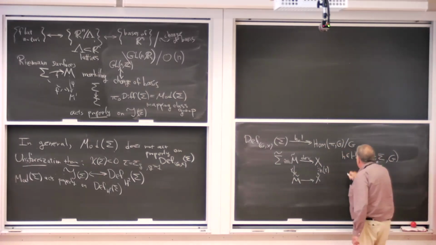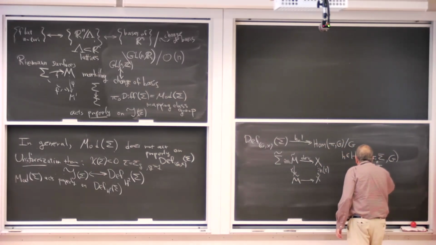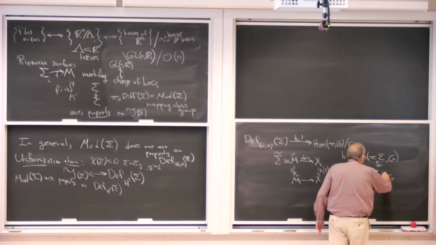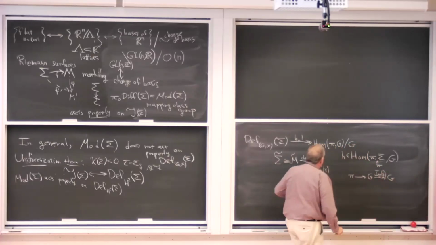So here G is acting by composition on one side, the inner automorphism, and we have this space.